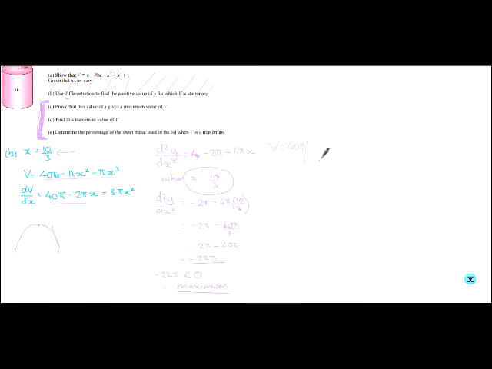So we've got 10 over 3. We're going from this one here, guys. So that minus pi lots of 10 over 3 squared minus pi lots of 10 over 3 cubed.